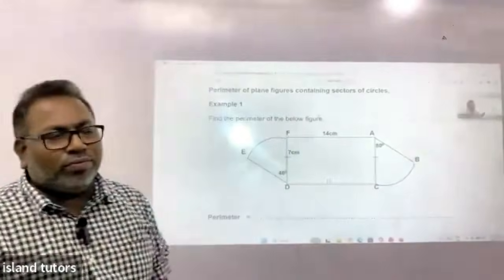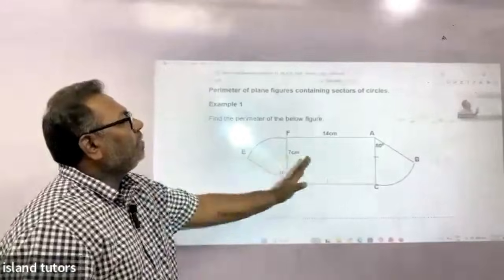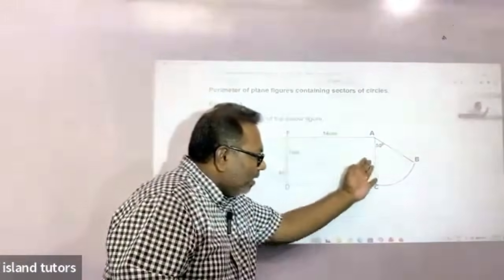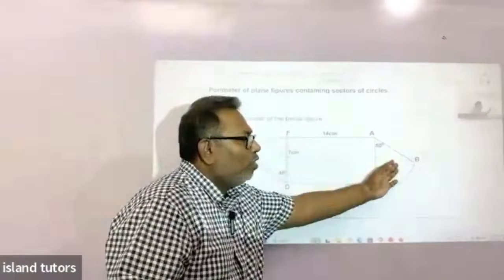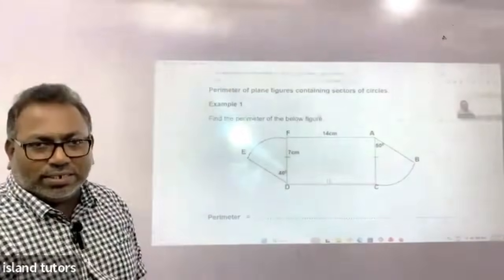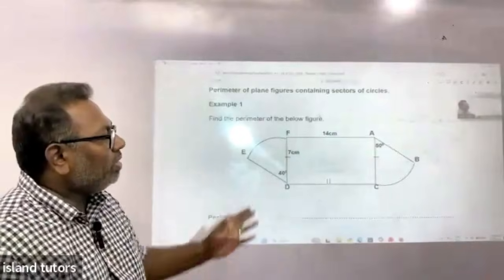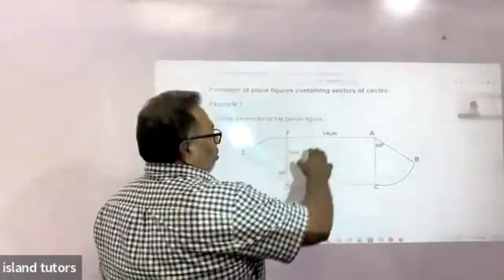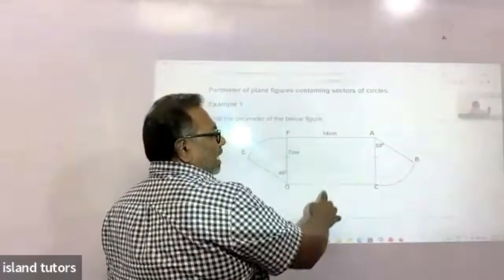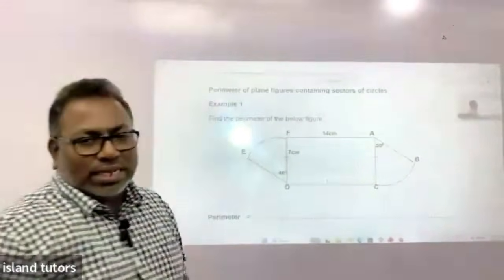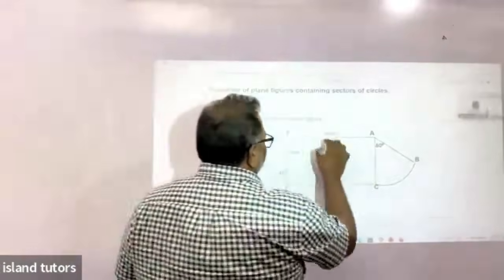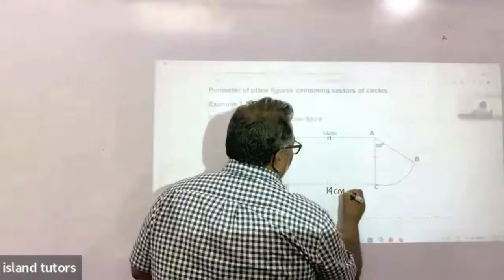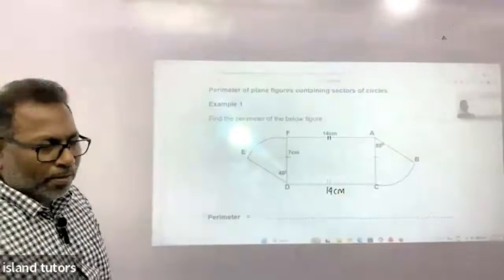So in this particular figure, you have a composite figure containing sectors of circles. You have a rectangle and then you have 2 sectors. In order to find the perimeter of this, what do you have to do? Opposite sides of rectangles are equal. So you know this side and this side are equal, so this side is also 14 centimeters.